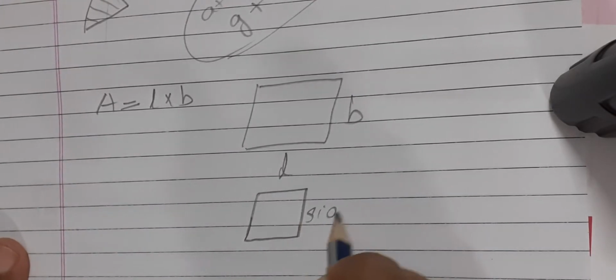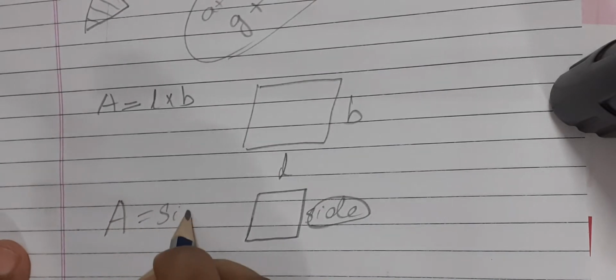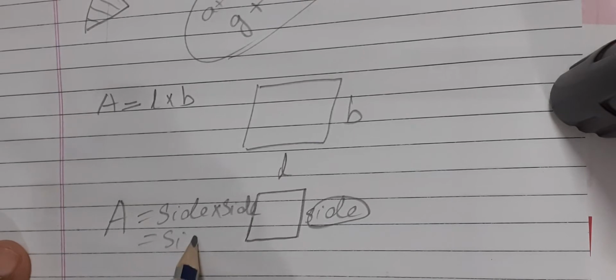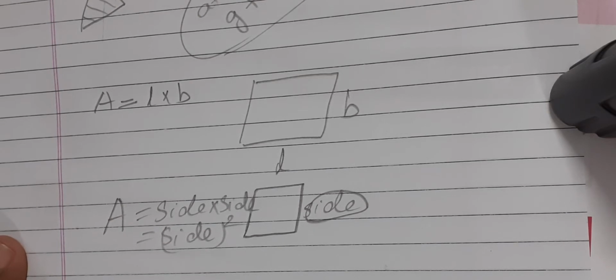Suppose that this is a side. Then the area of the square is given by side into side, or side squared. The unit of area will always be a square unit.